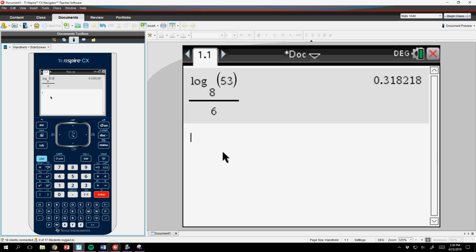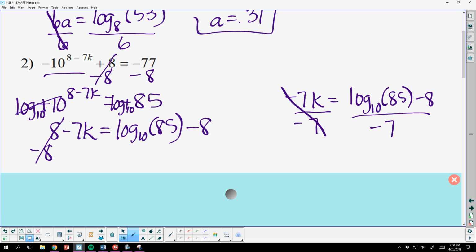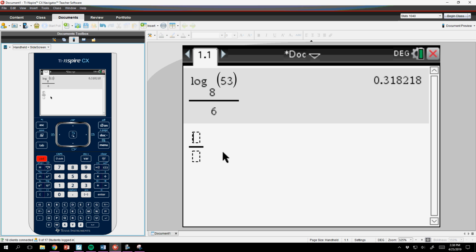So what I would advise is just do the fraction button and then just enter it in exactly how we have it written there. 0.86. Was it minus 7 or minus 8?